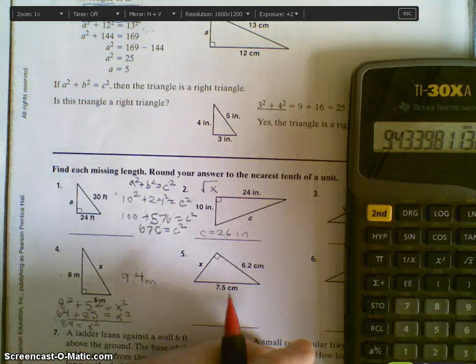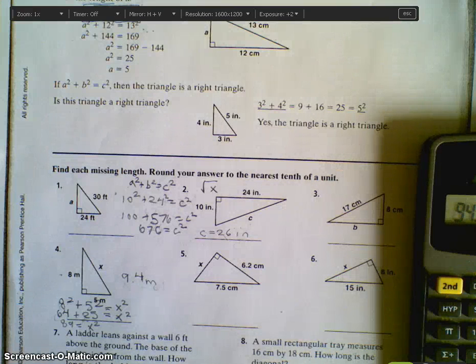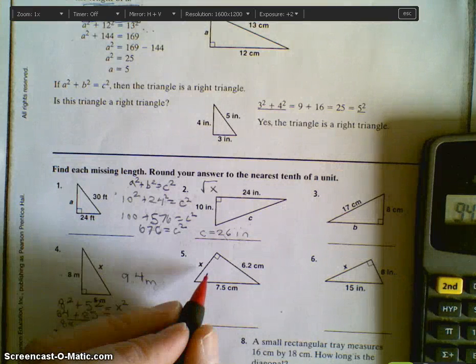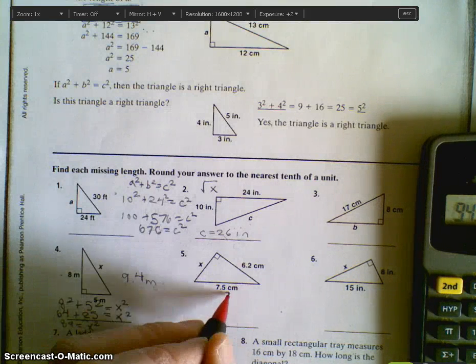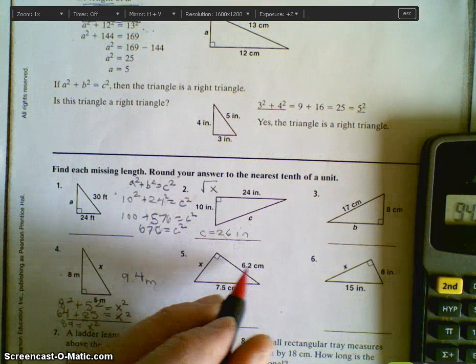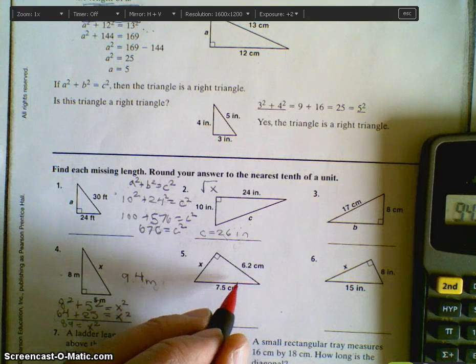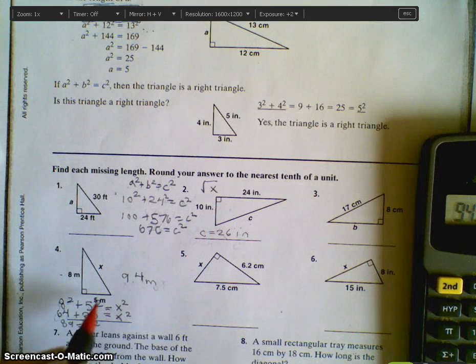Now, students tend to have a little bit more difficulty with the ones that we're going to focus on now, where you're solving for the leg, because what they want to do is they just want to plug in this squared plus this squared equals that squared. That doesn't work. So we just have to, again, identify, are we looking for the leg or the hypotenuse? And for these first two, we're looking for the hypotenuse. That's why we could solve for c squared.